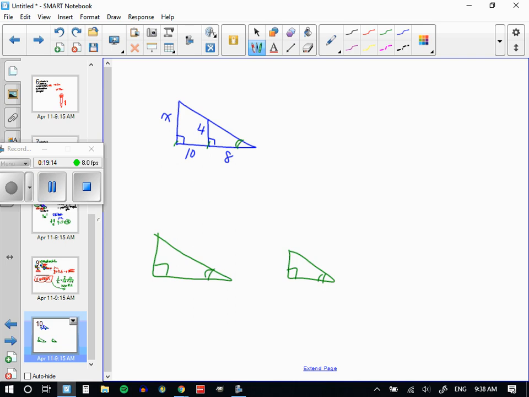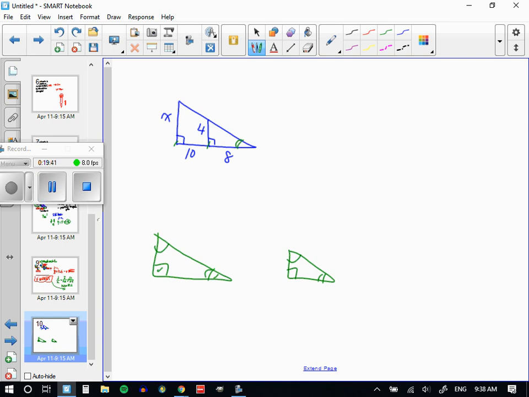So those two green triangles are similar because this angle is the same, this angle is the same, and since all three angles of a triangle have to add to 180, this one here would have to be equal to this one here. If all three angles are the same, then the sides will be proportional, so I can now say definitively that these two triangles are similar.